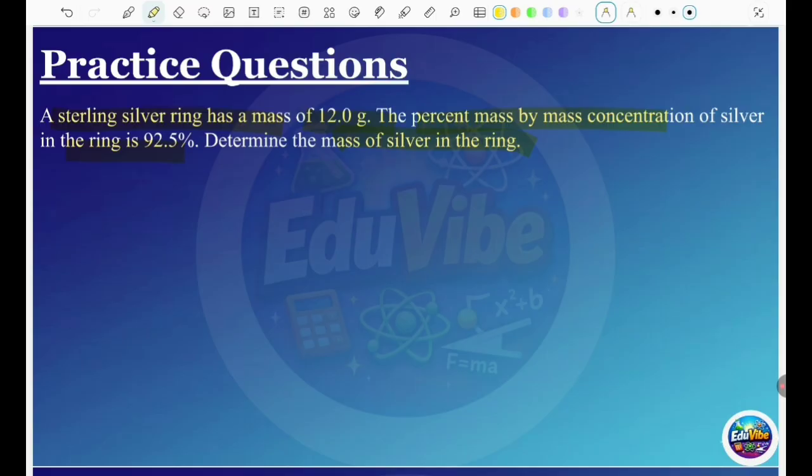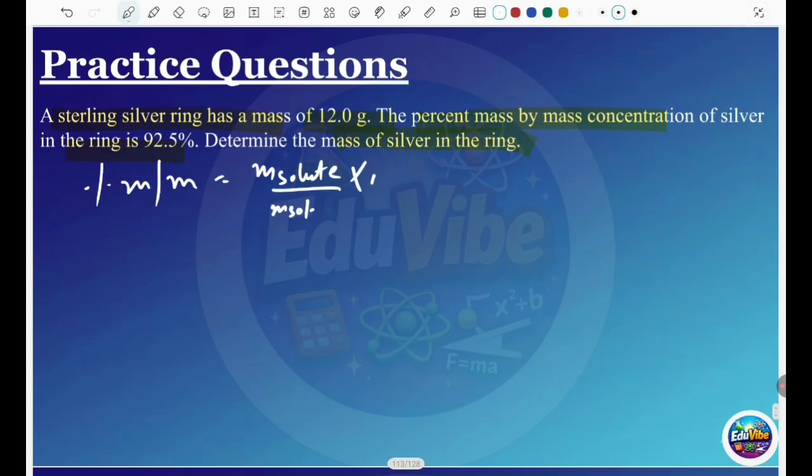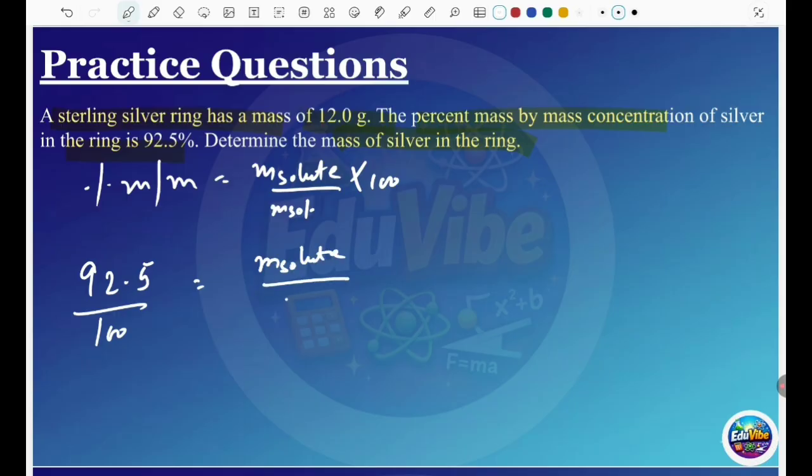So now mass by mass is equal to the mass of the solute, which you have to find, over the mass of the solution, multiplied by 100. The mass by mass is given, which is 92.5%. You have to divide this by 100. The mass of solution is given as 12.0 grams, multiplied by 100.